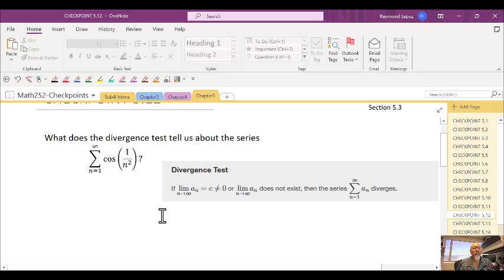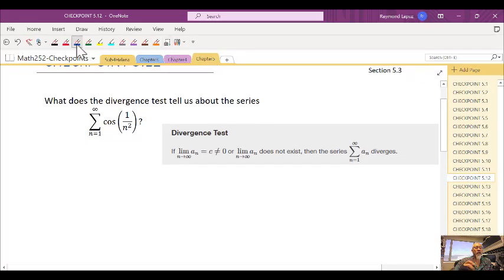Okay, so let's figure out what's happening with this particular example. In this example, we have cosine of 1 over n squared, and we want the limit as n goes to infinity.